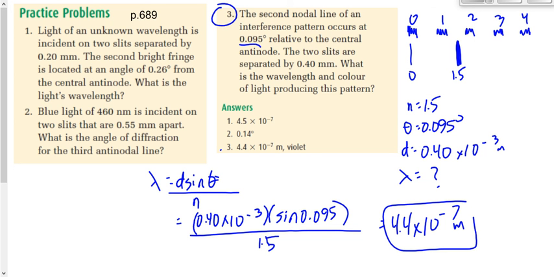Now it also says what color. Listen, I wouldn't lose any sleep over that question. What color is it? We can figure out pretty easily that it's visible light. Okay, calculate the frequency, visible light. When you calculate that frequency, it ends up being in the higher range of visible light, close to ultraviolet, which probably means that it's indigo or violet, right?